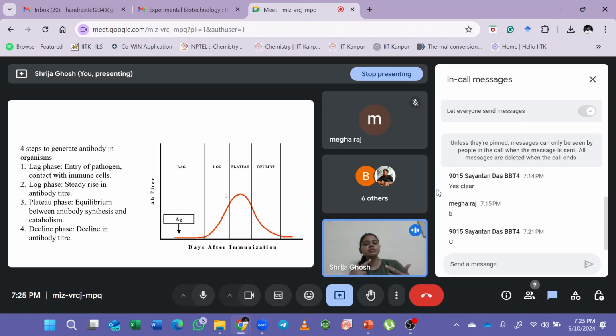That was because of the increase in the antibody concentration. Antibodies, when they were increasing in our body, were fighting with the antigen that we injected. After that, the plateau phase will be reached, and once my body has recognized this is a pathogen and antibodies have been made against it, there will be a decline in the antibody phase.